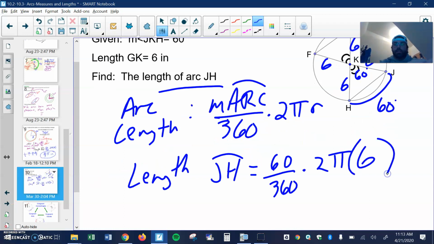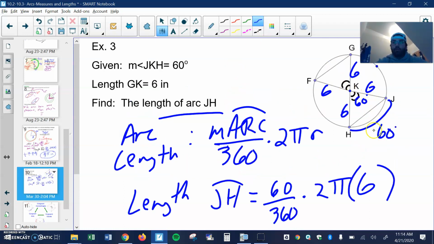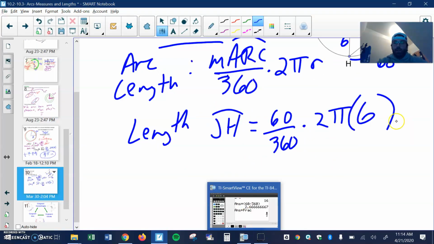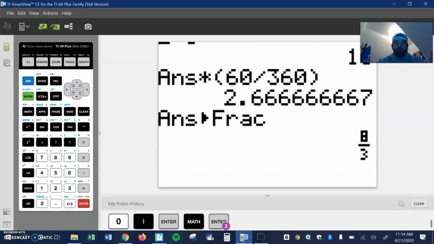Here was my setup: the measure of my arc I found was 60 degrees, over 360, times 2 times pi times r, which is 6. If I type this into my calculator, I know that 2 times 6 is 12.